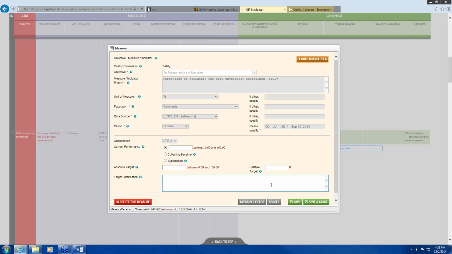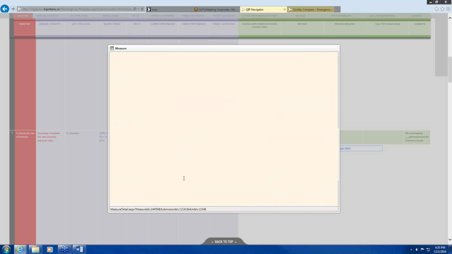Central West is 4.8, and some other areas are as high as 16. So let's say we're not doing so well. Maybe we're at 16, and I randomly decide that I want to do 12, because I know that lower is better. Let's see what happens if we do that.